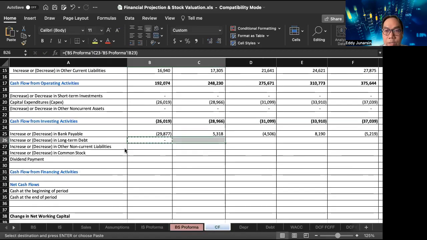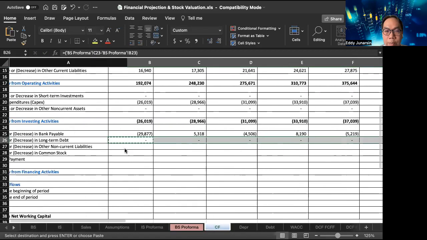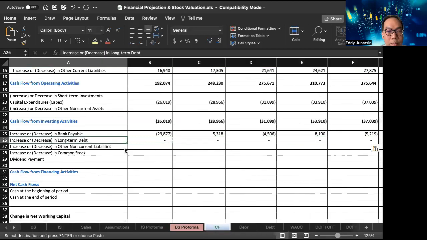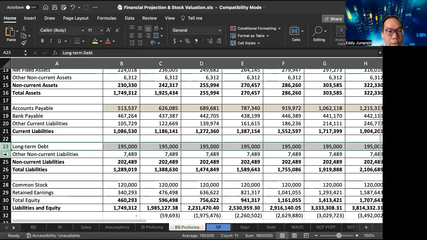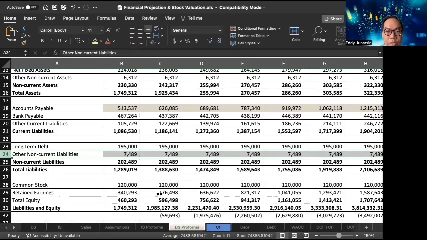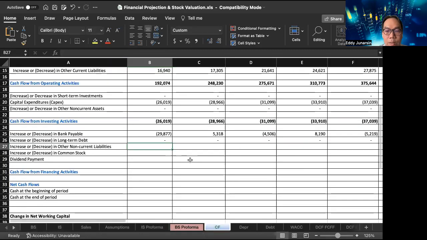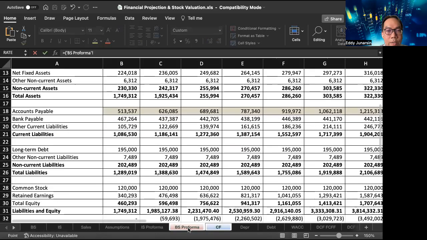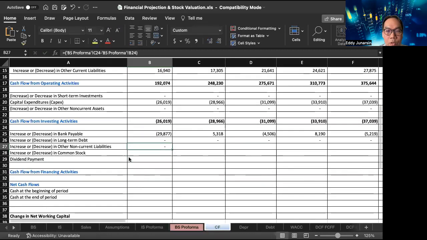And yeah, it's nothing. We assume that the amount is constant. Next item, other non-current liabilities. Anything we're doing here, other non-current liabilities? Yeah, also nothing.